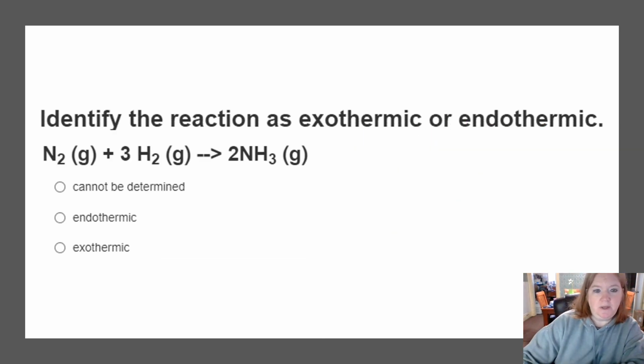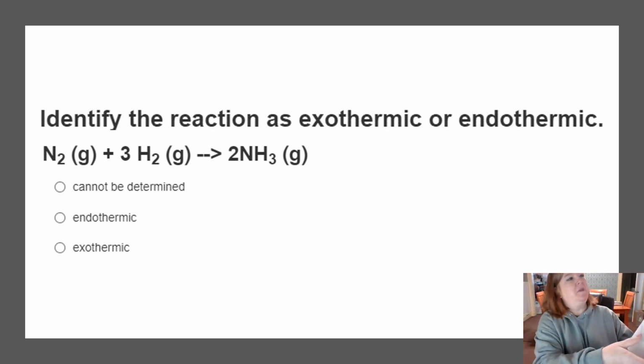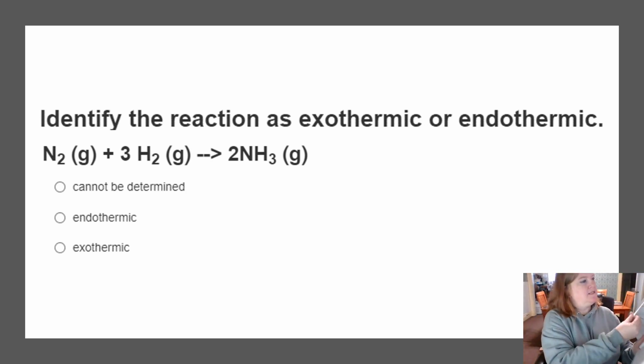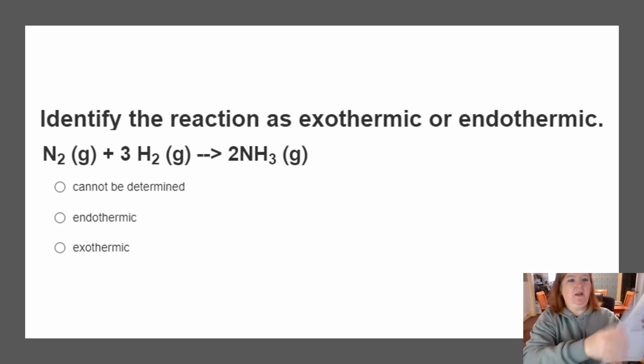All right, so this one, exothermic or endothermic? This one, you've got to look at table I, so let me pull that out. You look at table I to figure out the reaction. So consult table I, and I need to find N2 plus 3H2, and right here.